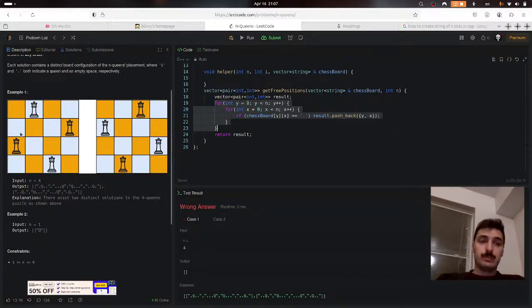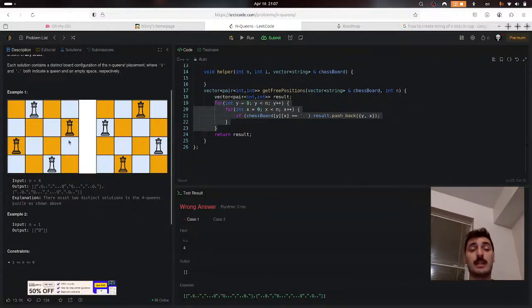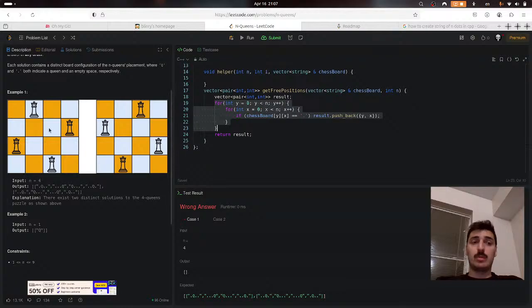Vertical and horizontal is 2n, but the diagonals are at most n probably.